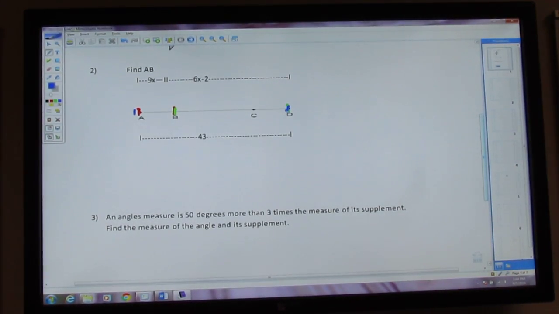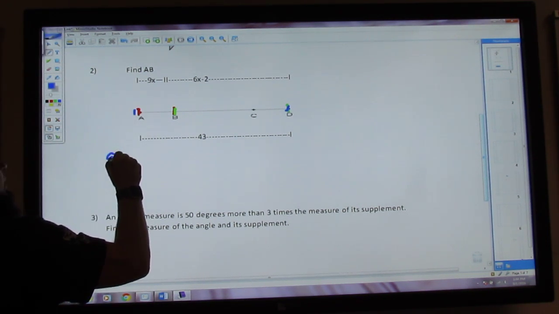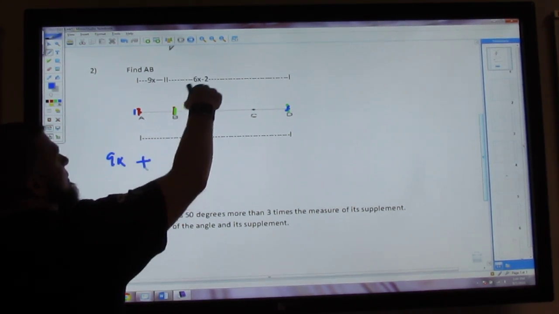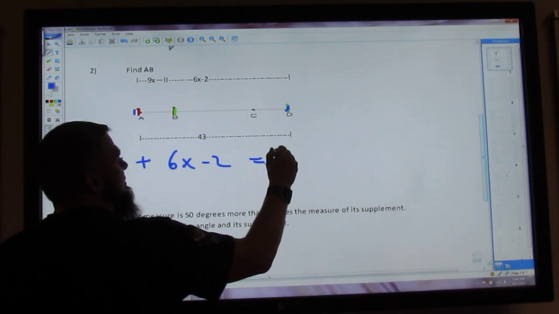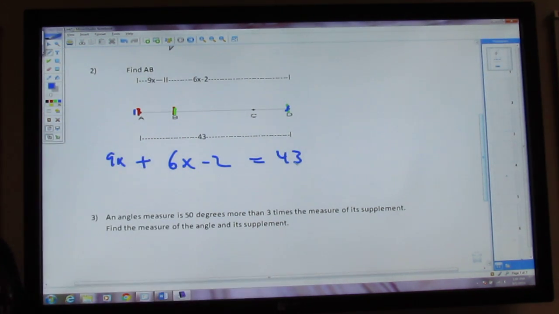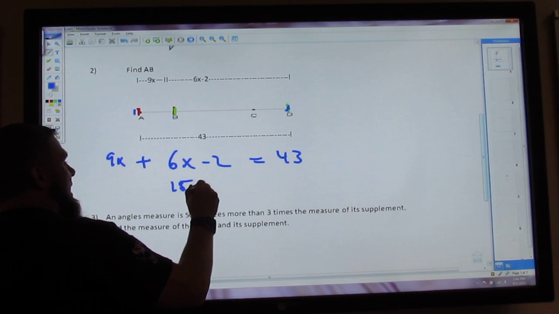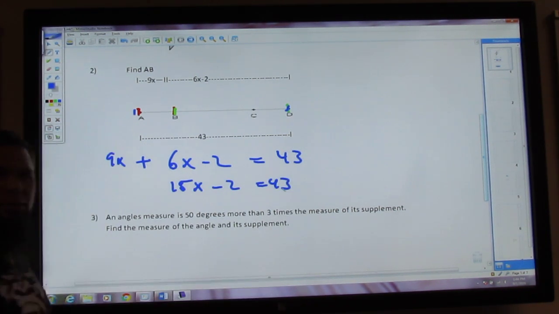And so, from there, all I'm saying is that 9x plus 6x minus 2 is equal to 43. And then I can do the math. 9x plus 6x is what? 15x minus 2 equals 43.